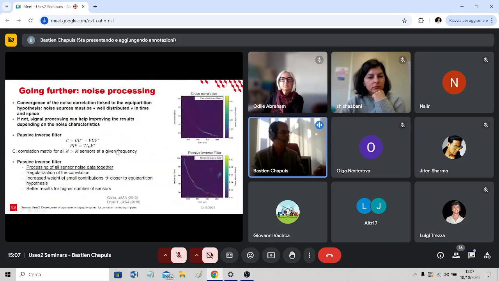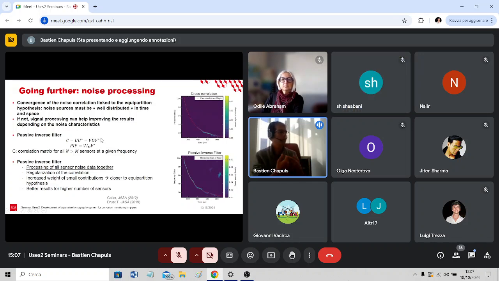With the passive inverse filter, the idea is to process all the signals simultaneously. So we make a matrix of all the signals, and then we make a decomposition, etc. And with this processing, we capture better the small contribution of all the different paths. That's why it gives better results.